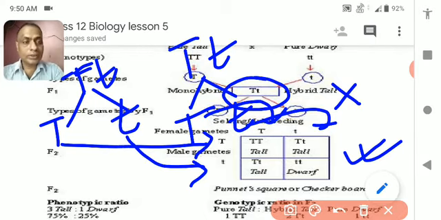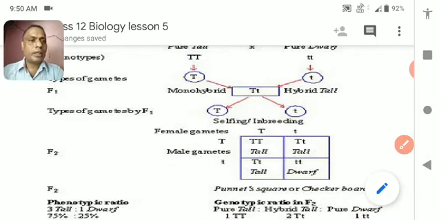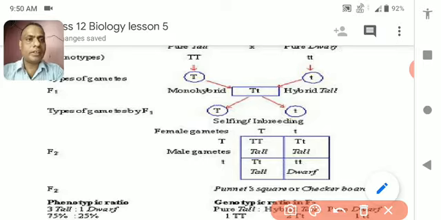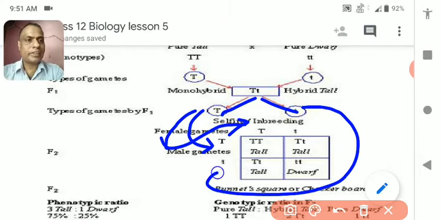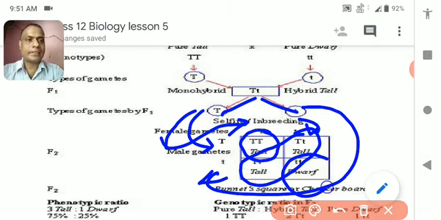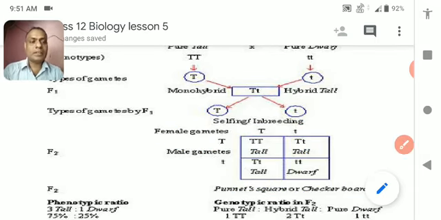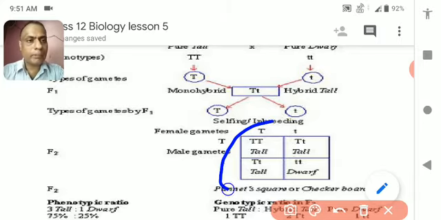And he got that phenotypically three plants are tall. After getting the gametes, he put the gametes in such a way, and crossed. He got three different characters. Phenotypically, three plants are tall.